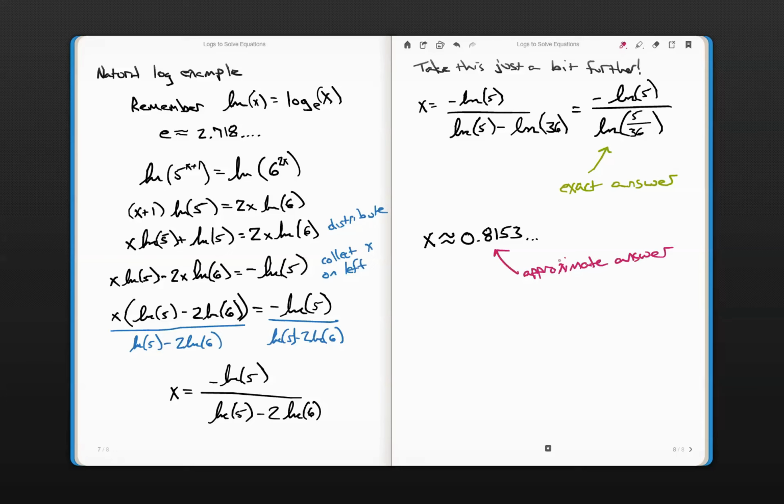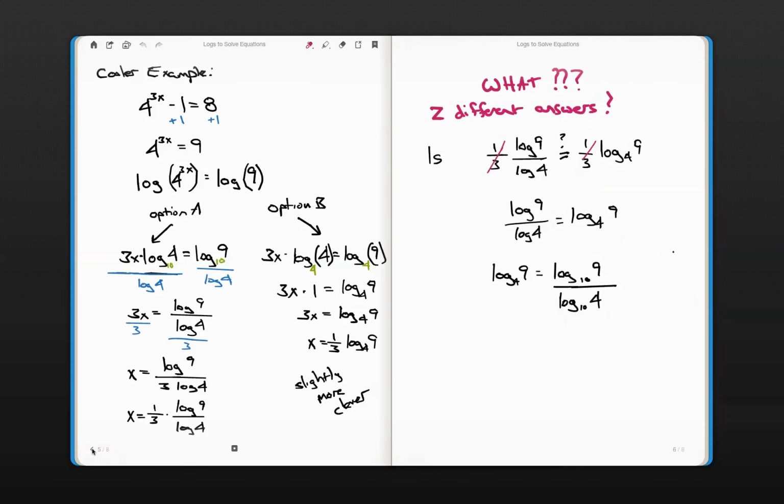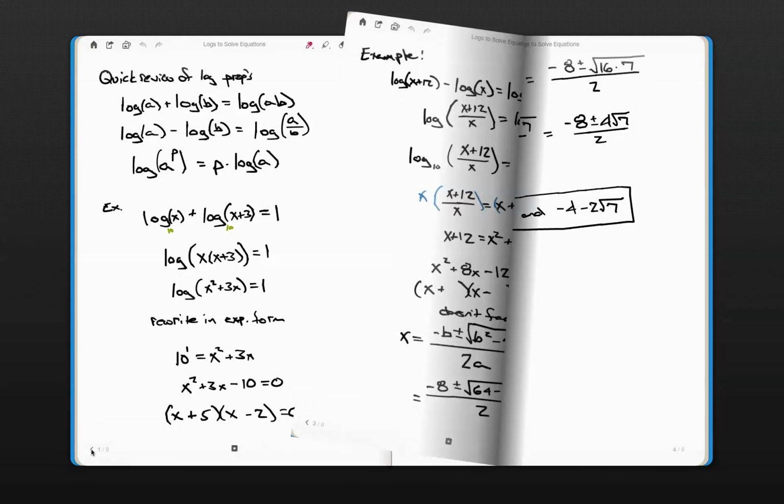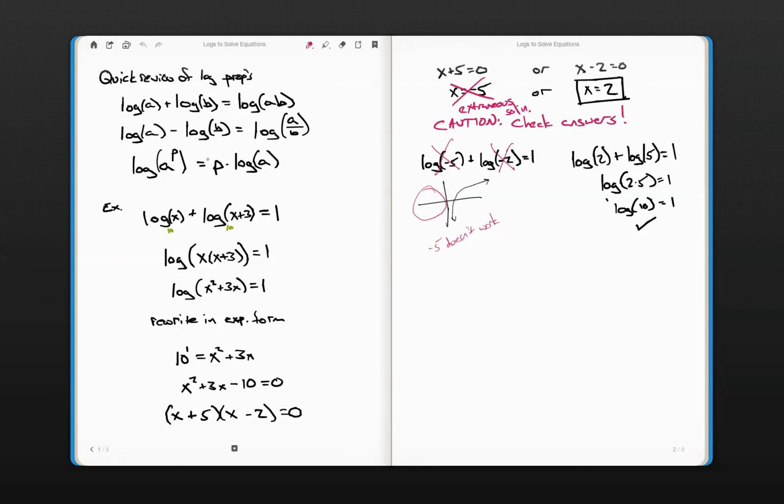So what else? I think we're pretty good. Key thing is to understand these log properties that we reviewed at the very beginning. If we remember these 3 important log properties, then you can use those as tools to solve logarithmic equations.